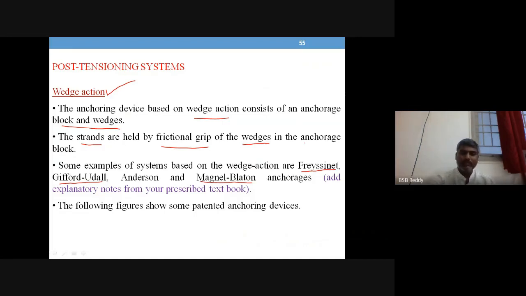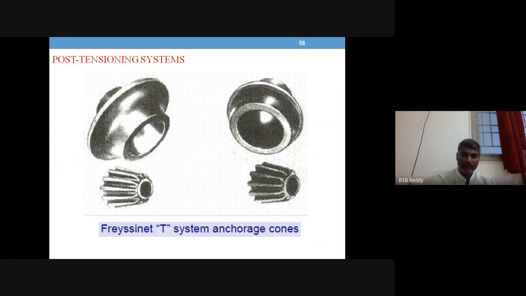So first comes the Freyssinet system. It is widely used in Europe and India. It consists of a cylinder with a conical interior.